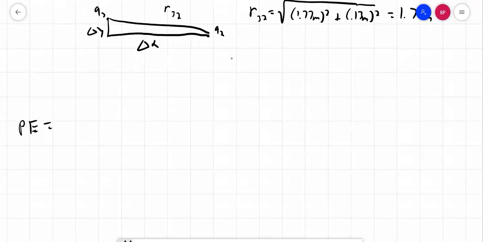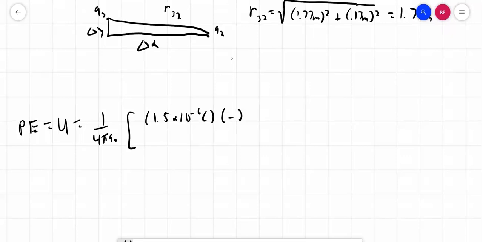So I say PE, whatever, I think your book calls it U. It's 1/4 pi epsilon naught times Q1. Well, Q1 was 1.5 times 10 to the minus 6 coulombs, times Q2, which was negative 2.7 times 10 to the minus 6 coulombs, divided by the distance between 1 and 2, and we found that to be 1.5 meters.